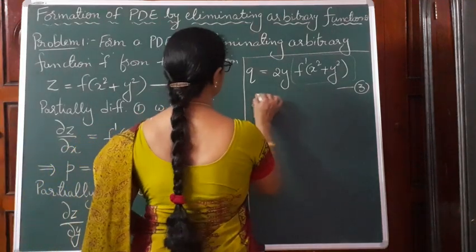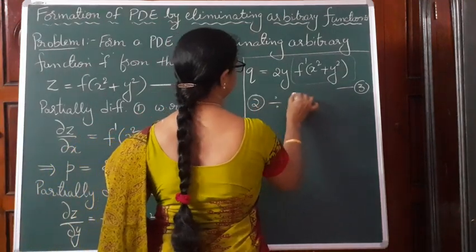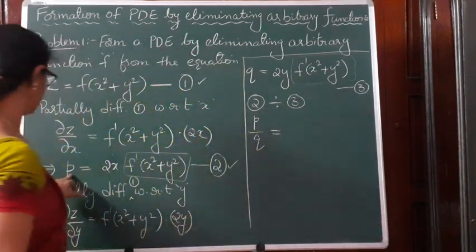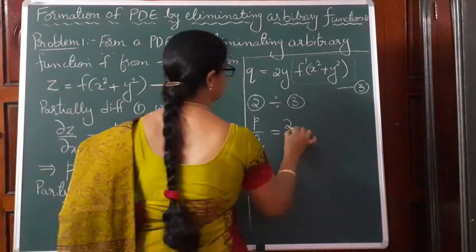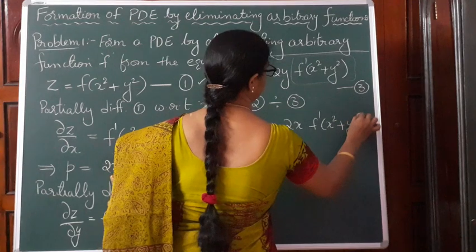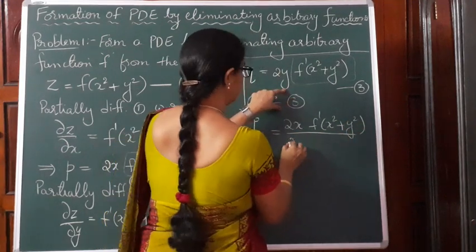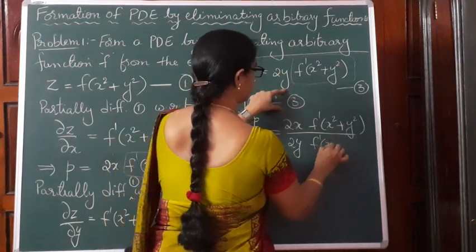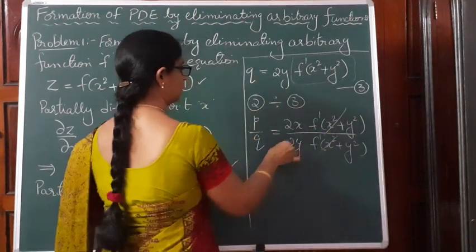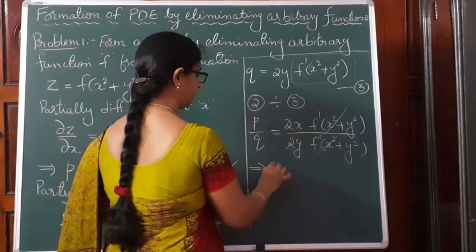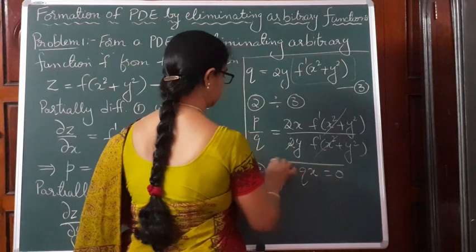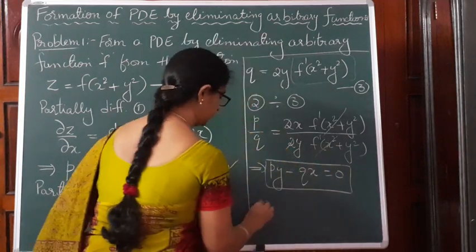Equation 2 by equation 3 gives p by q is equal to 2x into f dash of x square plus y square divided by 2y into f dash of x square plus y square. So this gets cancelled, 2 also gets cancelled, and we have py minus qx is equal to 0. This is the required partial differential equation.